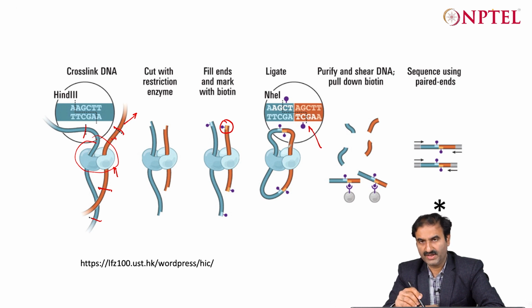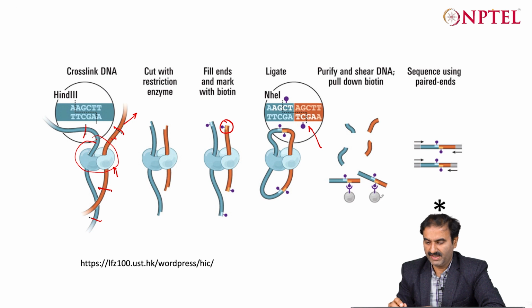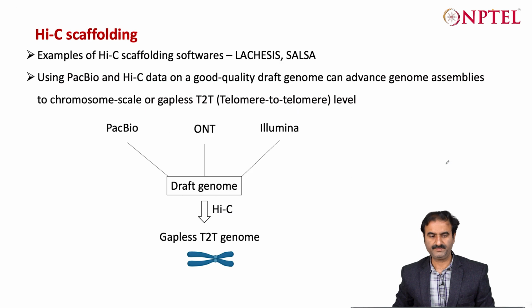So now ligated, this biotin is pulled down using streptavidin, and these regions are then sequenced by Illumina paired end 150:2 sequencing. Then after this you have got the sequence data.